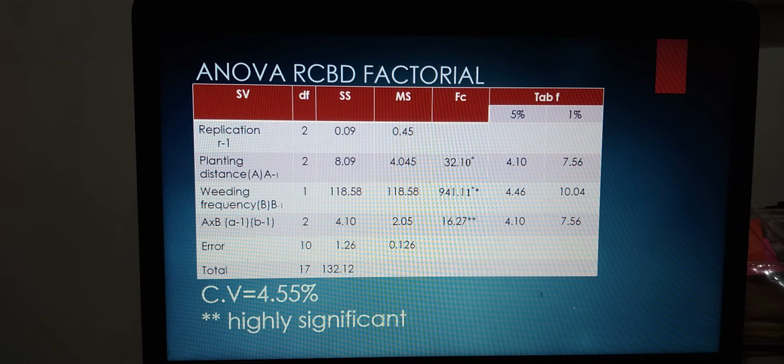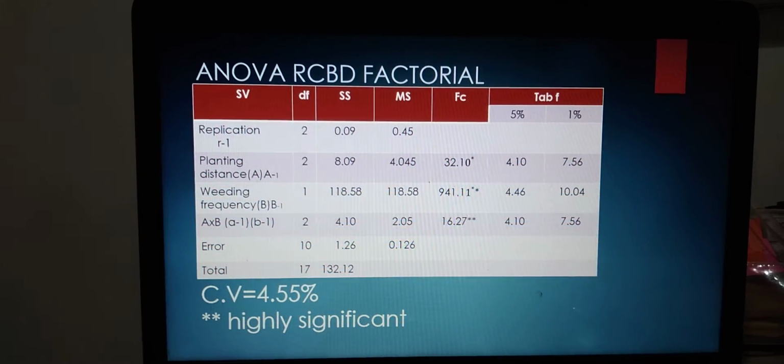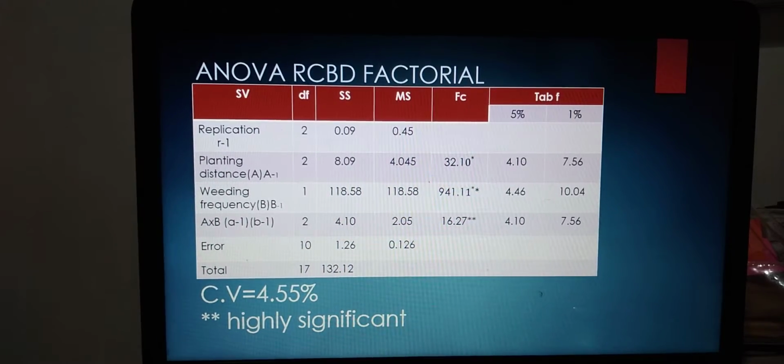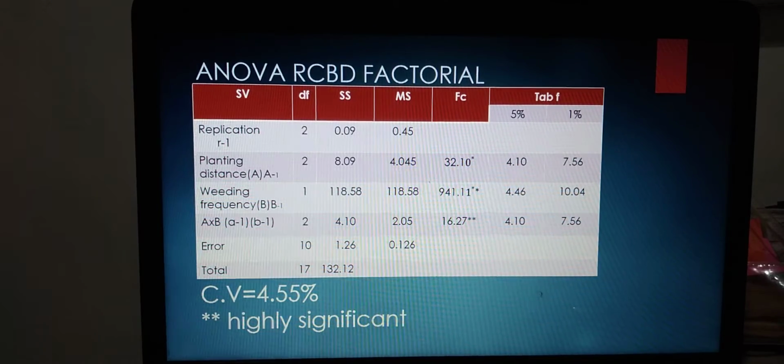And our A times B, our planting distance and weeding frequency, with DF of 2, SS is 4.10, with our MS 2.05, and we have our FC 16.27, which is highly significant from our tabulated F. And error is 10 DF, with 1.26, and MS is 0.126, with a total DF of 17 and SS of 132.12.